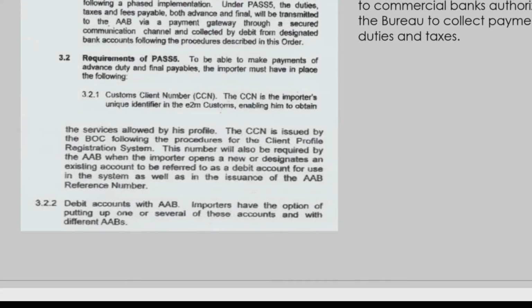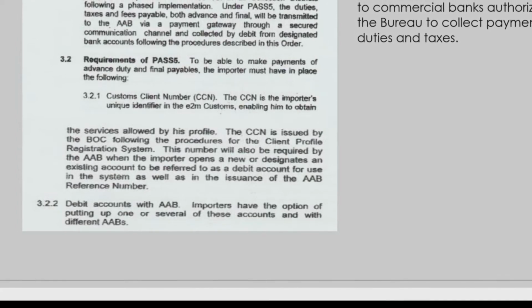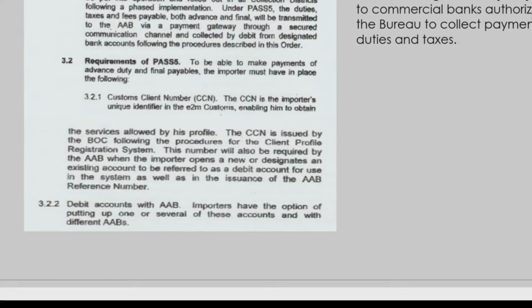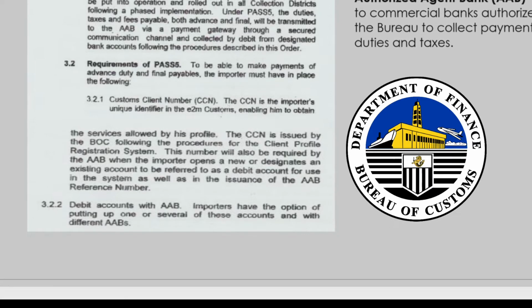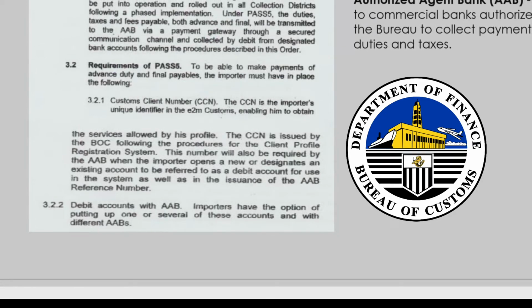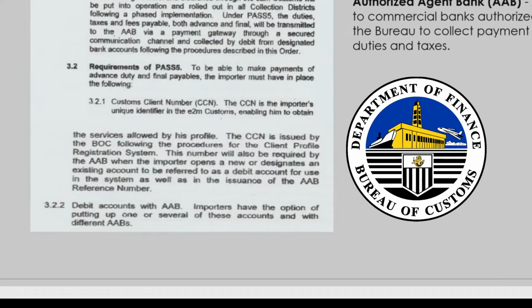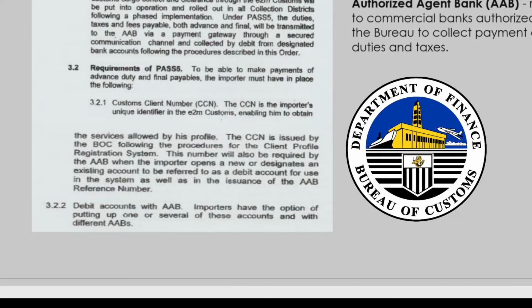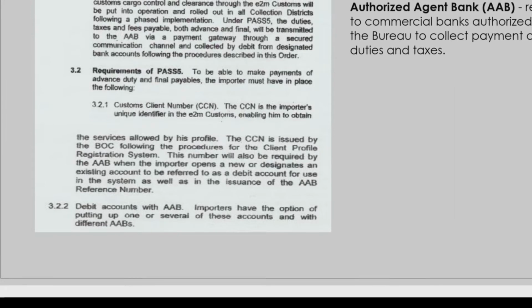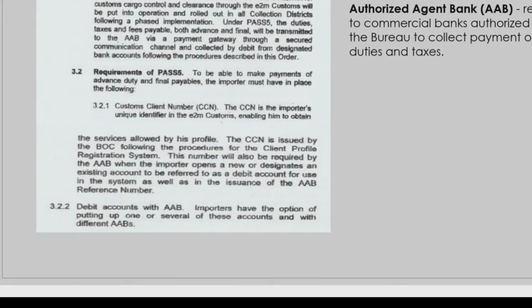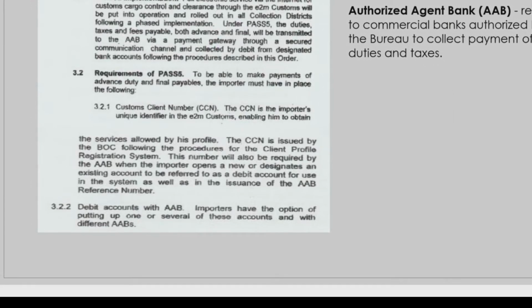So the customs client number can be obtained when you have yourself or your importer accredited to the Bureau of Customs. So there are certain steps that you need to follow in the accreditation of an importer to the Bureau of Customs. Number 2 requirement is the debit accounts with the authorized agent bank. Importers have the option of putting up one or several of these accounts and with different authorized agent banks.